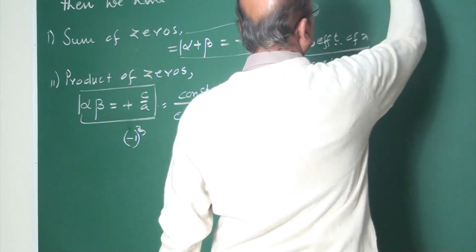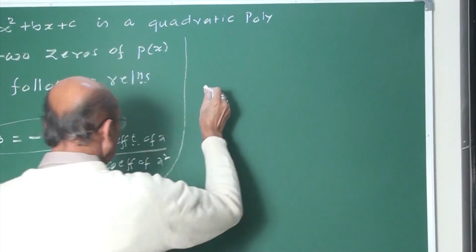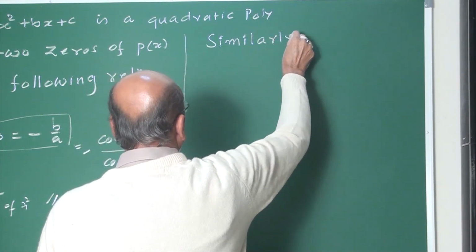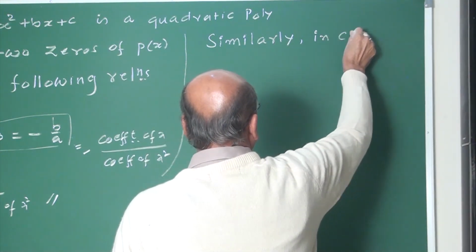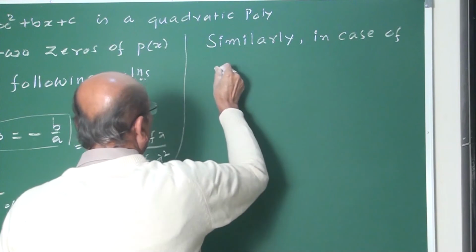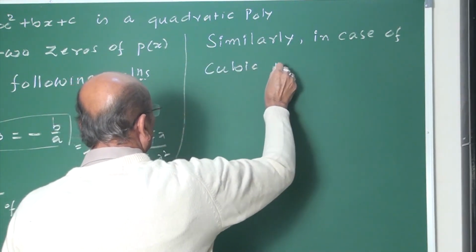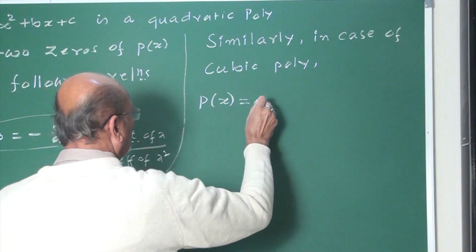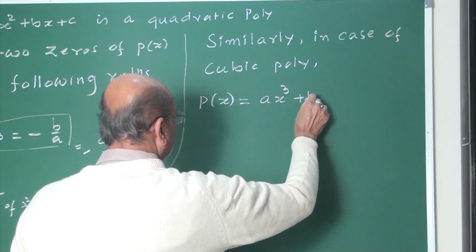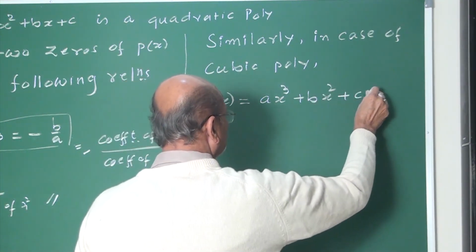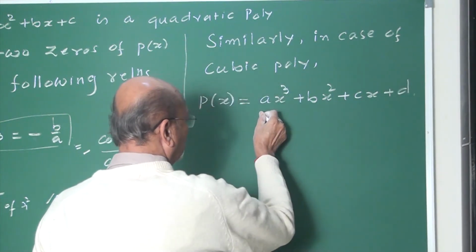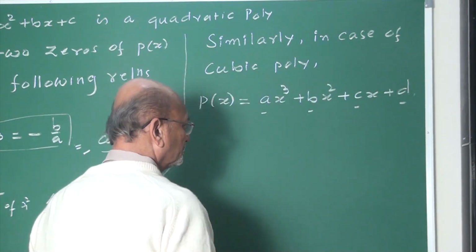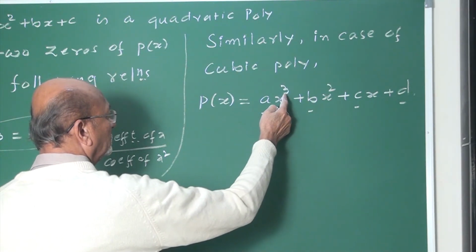Similarly, in case of a cubic polynomial, namely p(x) equals ax cube plus bx square plus cx plus d, these are the coefficients of x cube, x square, x and constant. Degree 3.